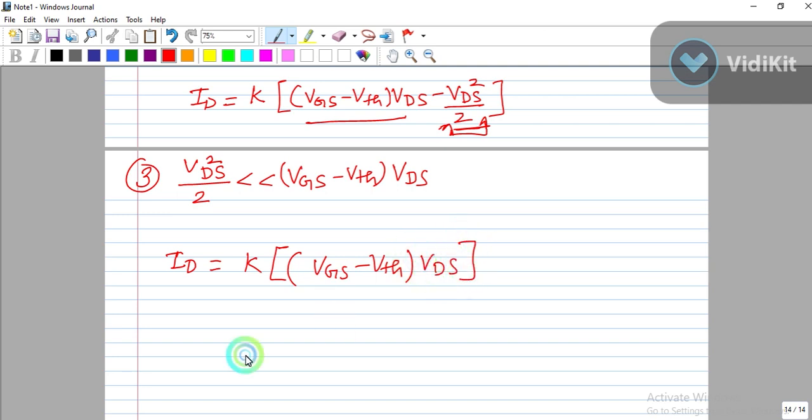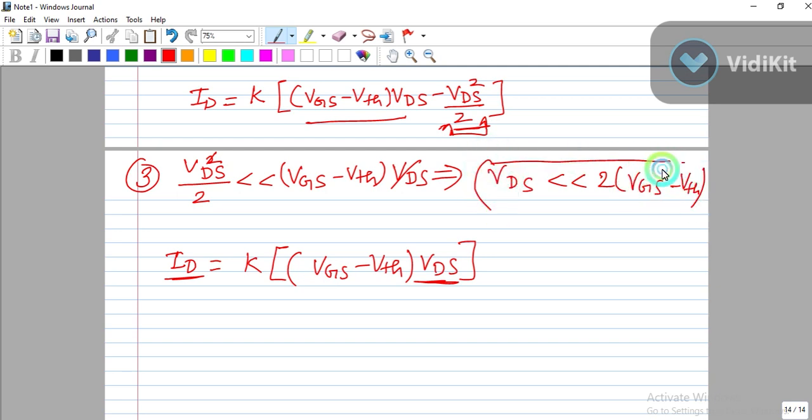Simple. So you can see ID is linearly proportional to the VDS in this case. And you can write this like that also. How? You can cancel these, and then VDS is much less than 2 times VGS minus VTH. So when this is the case, ID will be linear to VDS.